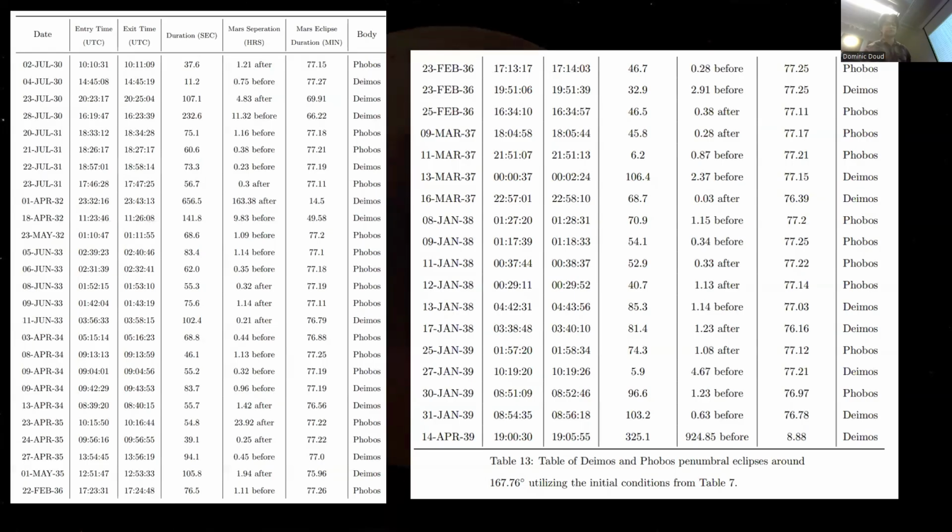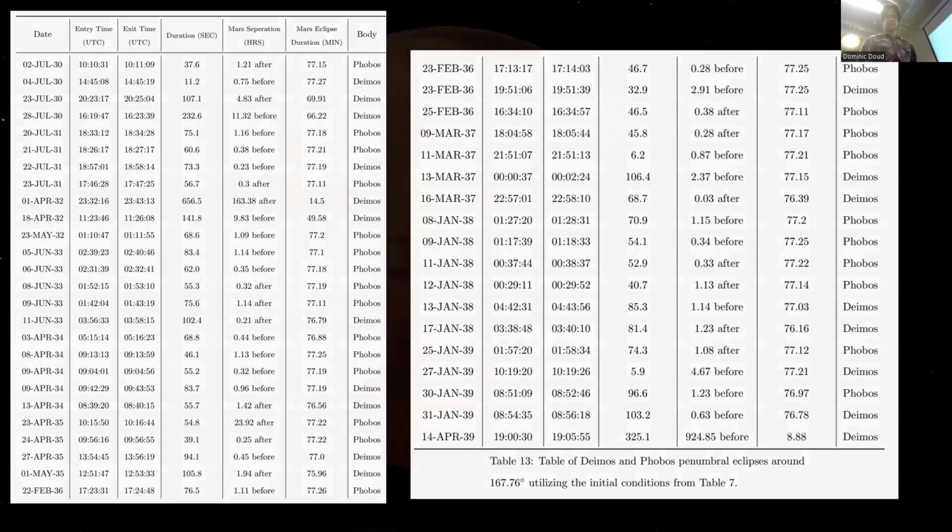So, for example, I always love to point out this right here, 16th of March, 2037. That eclipse lasts for 68.7 seconds and it's 0.03 after the last Mars penumbral eclipse. Think about that. You're already pretty close to losing battery because of an eclipse. Maybe you are, maybe you aren't. I don't know. But that's going to have an effect. And it's cool to note that out.